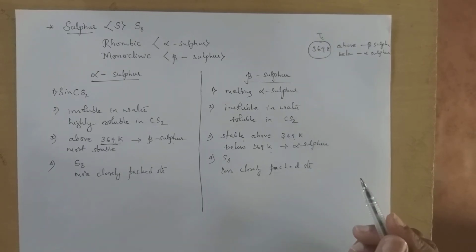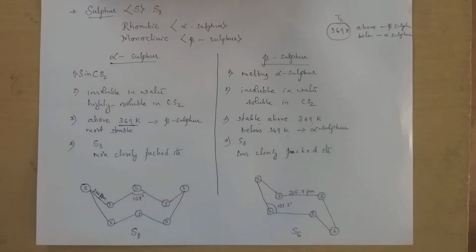So students, the two puckered structures are like this, okay na, it is in S8 form and S6 form, okay na. So particularly S8 form, here the structure is crown shaped, okay na, we call it crown shaped. Here we have a bond length that is 200 pm, whereas bond angle 107 degree, whereas S6 form, that is a chair form, okay na.